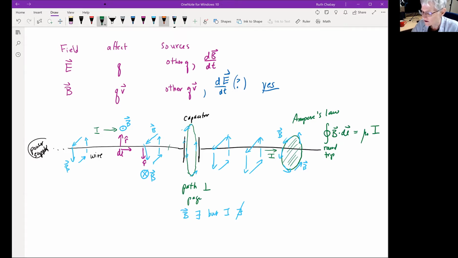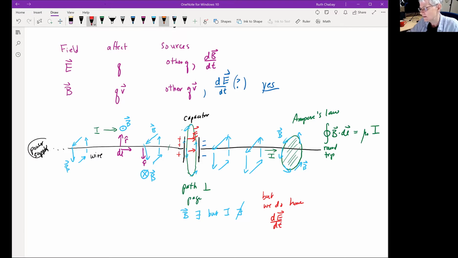So we have an inconsistency here, and that inconsistency is actually solved by considering the fact that what we do have in here, even in the capacitor, even though we don't have any current, is a time-varying electric field, because as charge piles up on this capacitor, we have an electric field that's getting bigger and bigger and bigger, and it's increasing with time.